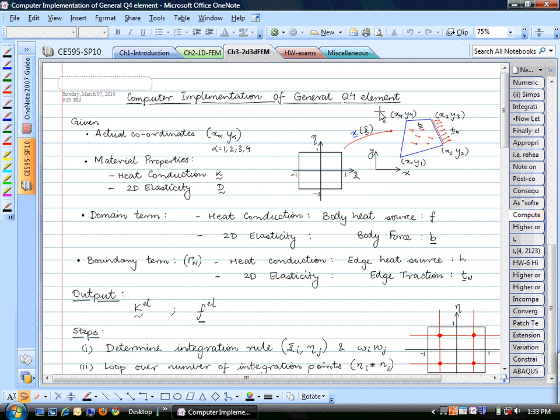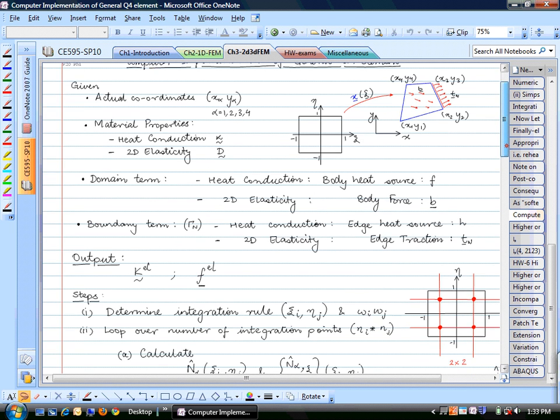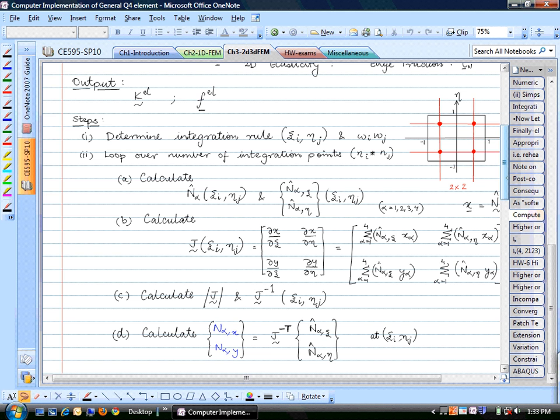So take a look at this, and all you need to do is basically calculate whatever quantities you're calculating at each and every Gauss point. So in this case, there's a 2 cross 2 Gauss point, meaning we have 4 Gauss points. So all this, you need to loop over each and every Gauss point. Okay.